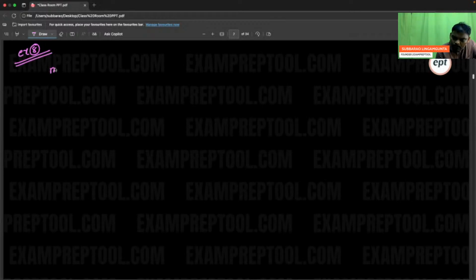Let us assume main. Next problem is very interesting. Let's see. i equals 78, while i is less than n square.